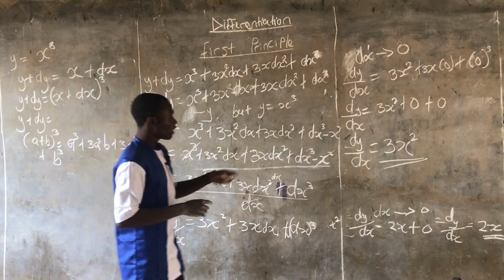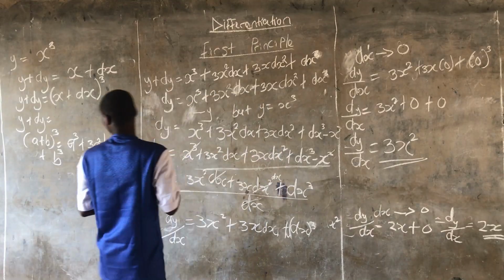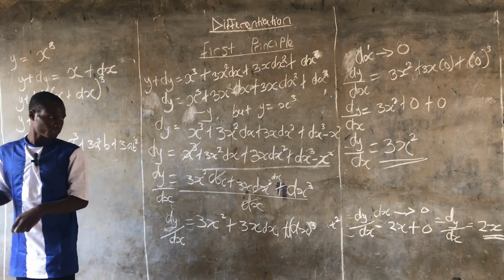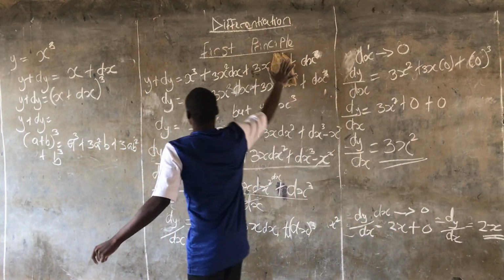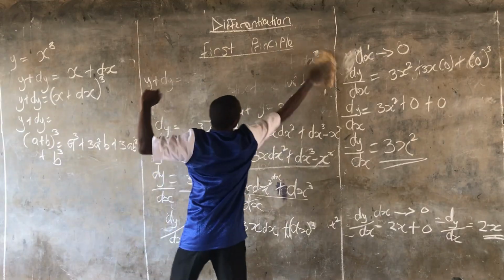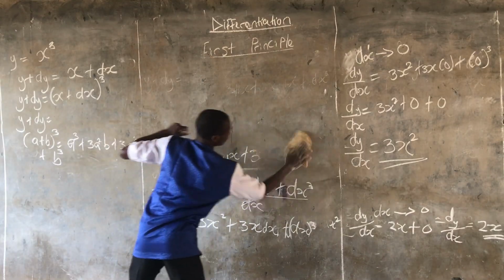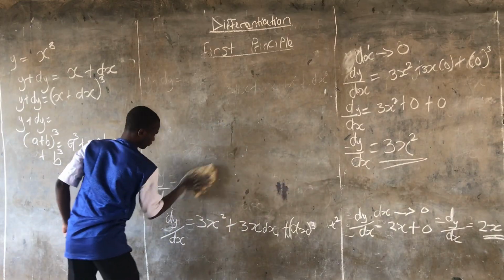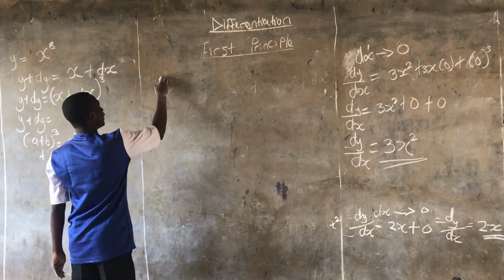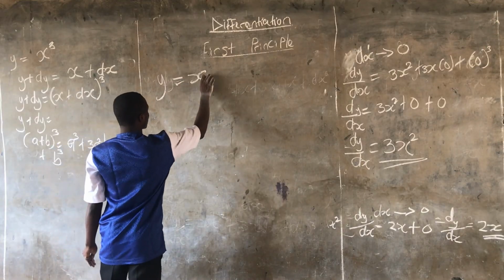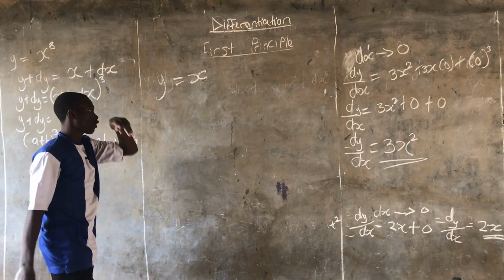So now let's take another example. Given that y is equal to x, let's differentiate this using first principle.